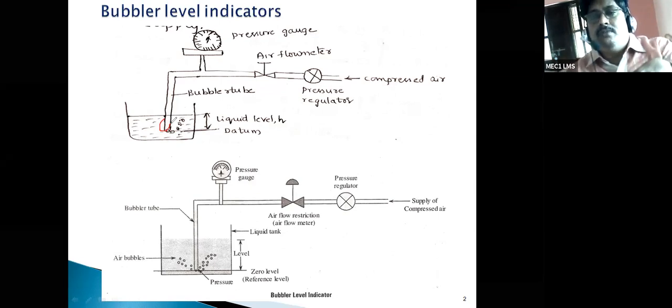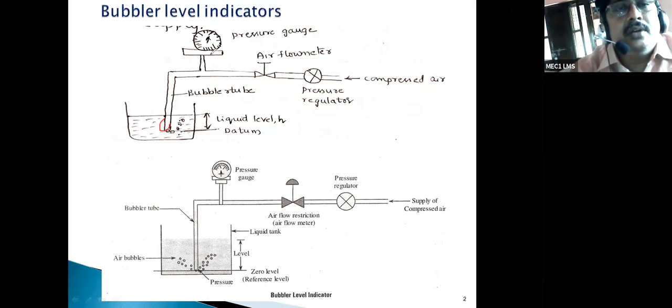One end of the bubbler tube is dipped into the vessel containing the liquid whose level has to be measured, and one pressure gauge is arranged on the bubbler tube.